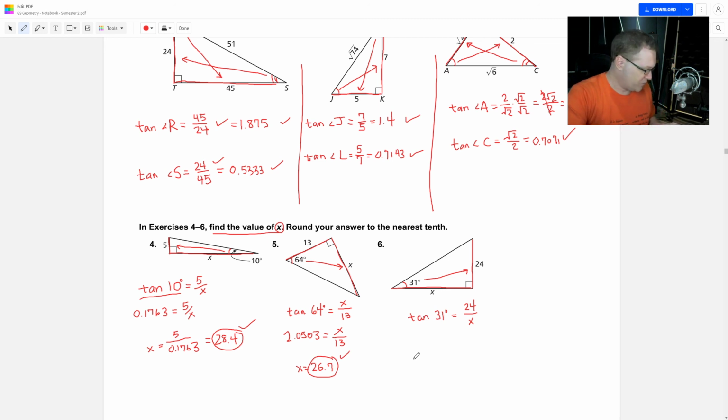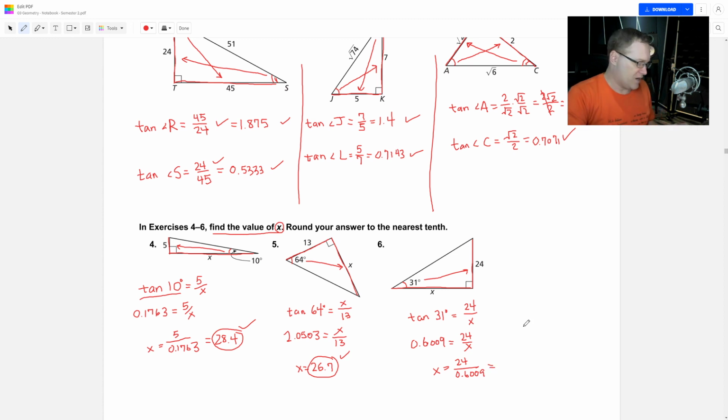Now we're going to use our calculator to find what is the tangent of 31. The tangent of 31 degrees is 0.6009. And that's going to equal 24 divided by x, which means that x is going to equal 24 divided by 0.6009.